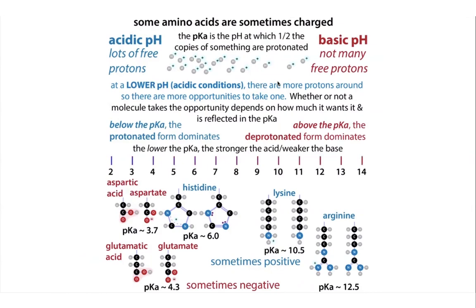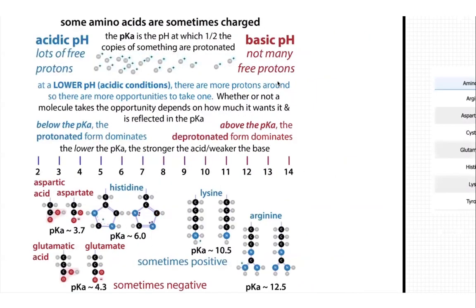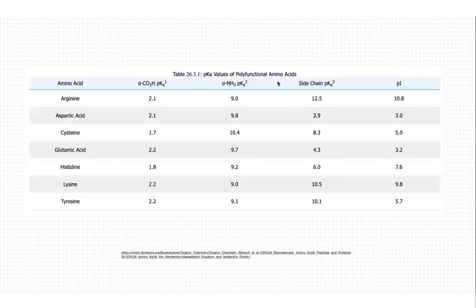But when we think about the side chains that actually have ionizable groups, we also need to consider a couple more. And so the couple more additions that we're going to add when we're talking about the pKas for those side chains, we're going to add cysteine, and we're going to add tyrosine.